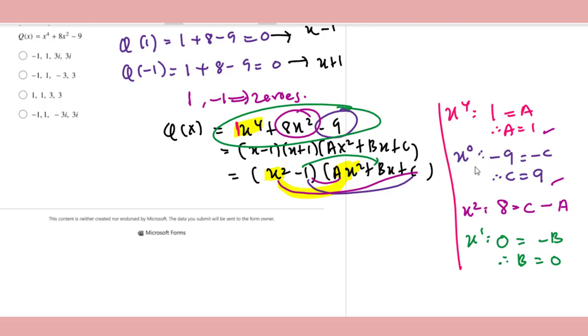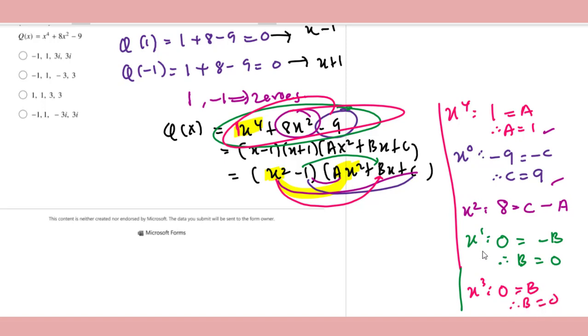So x to the power 4, constant, x power 3, x power 2, x power 1, and you can double check. For x to the power 3, here also there is no x cubed term, that's 0. So b is equal to 0.